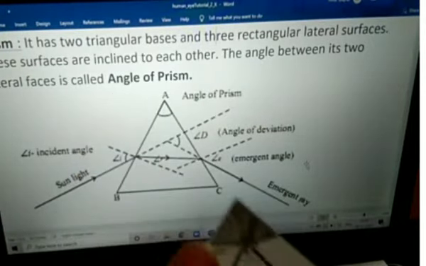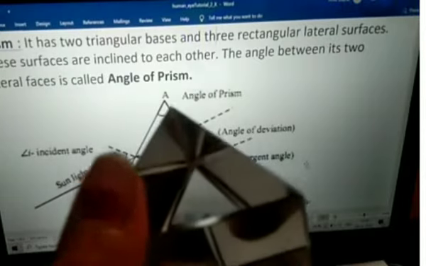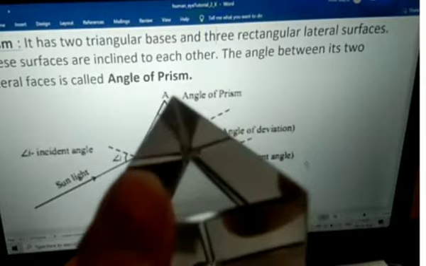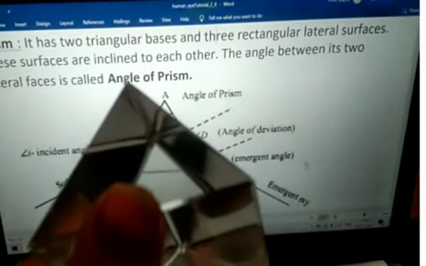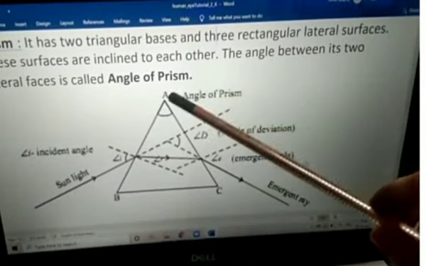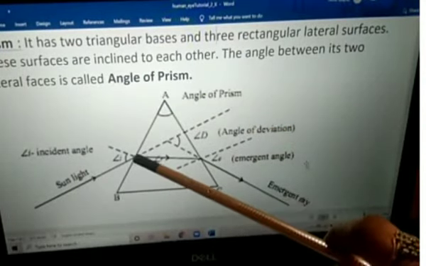So here I will show how the refraction of light takes place in a glass prism. As you can see in this diagram, this is a light ray and this is called the incident ray.